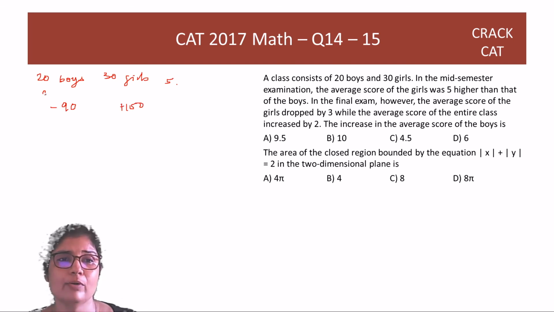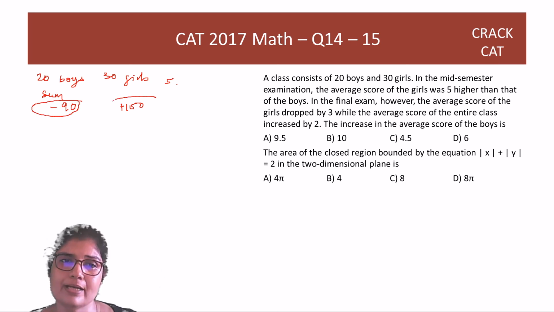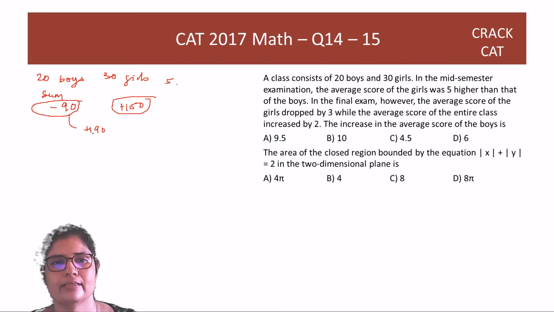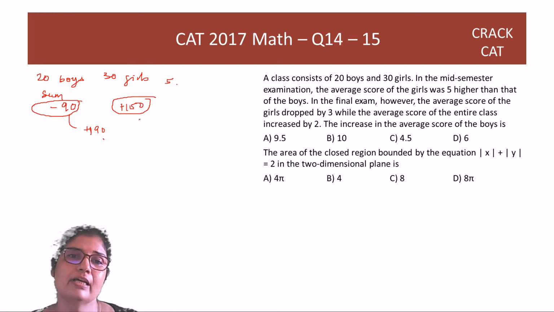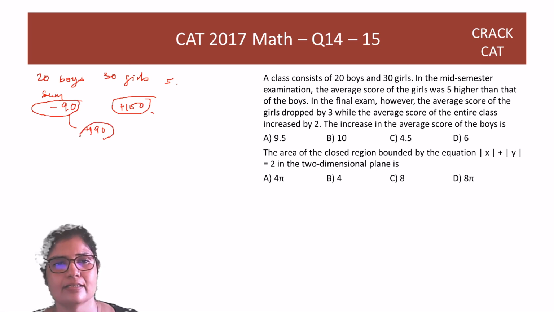This we are talking about the sum. The girls did -90, but why was the overall plus 100? Because the guys contributed plus 190. Then only the -90 of the girls combined with the plus 190 of the boys will give you plus 100 of the total. Now this 190 increase has come from 20 boys. So per boy the average increase is 9.5. First option.